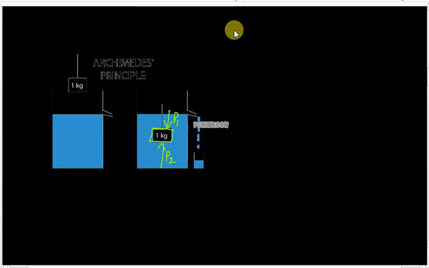Since the pressure formula is h rho g, P1 is H1 rho g, because the top surface of the body is at a depth H1 below the surface, and the bottom surface of the body is at a depth H2 below the surface. Since these two depths are different, though the density of water and g are the same, there is a difference in the pressures at the two points.